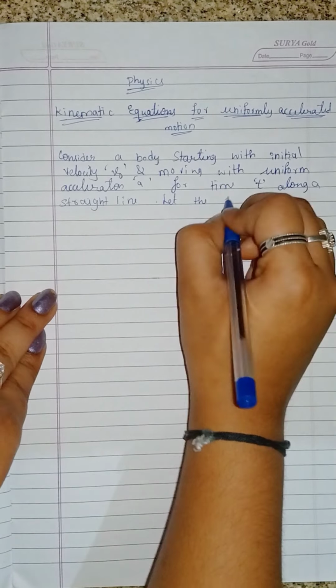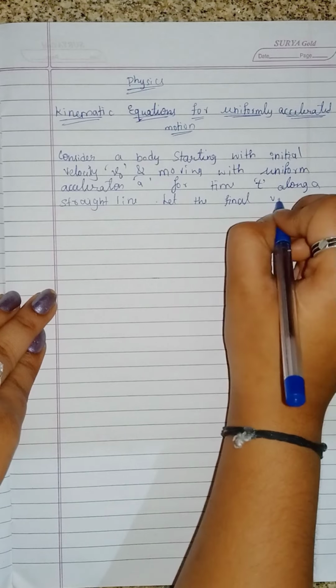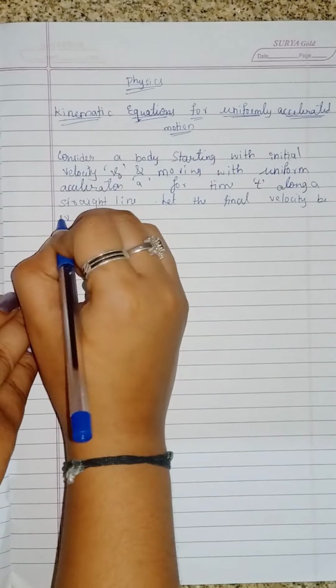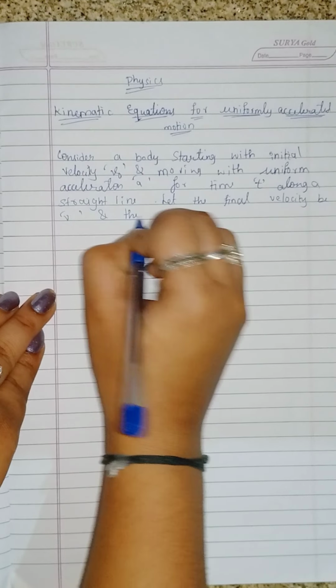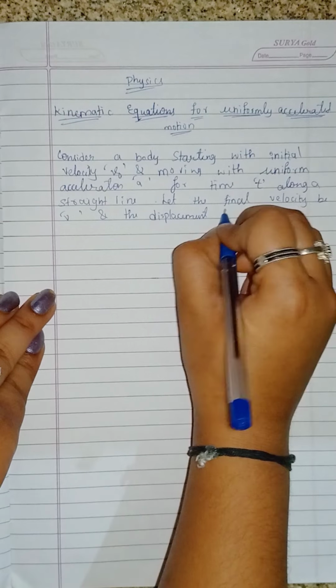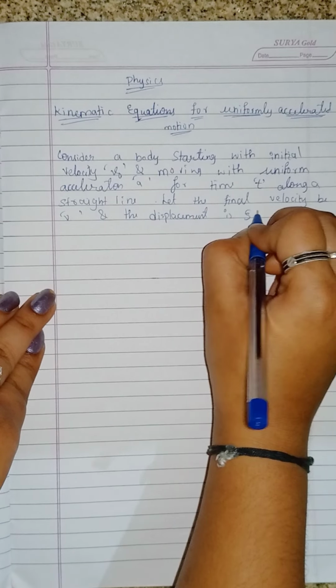and let the final velocity of the body be v, and the displacement it has covered in this time interval is s.